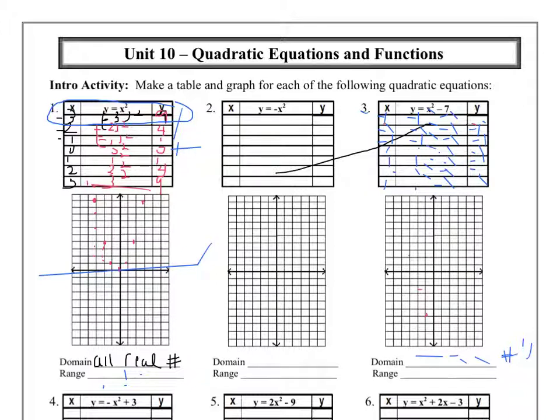Zero, negative 7. One, negative 6. 2, negative 3. And 3, 2.